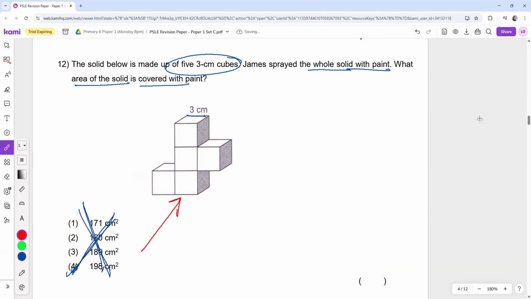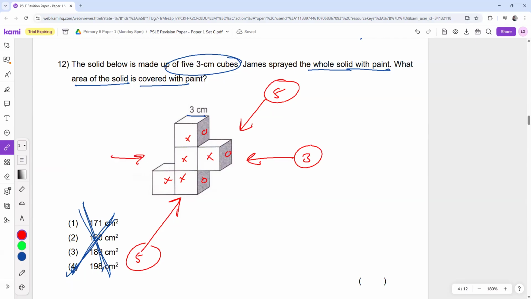And there's a shortcut. You look at the front view, there are five faces which are going to be sprayed. And then on the opposite side, no need to think, five also. Then the right side, there are three faces going to be sprayed also, and the left side is the same. Then how about the top?